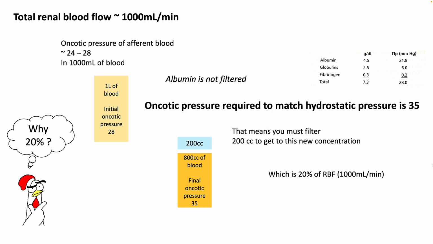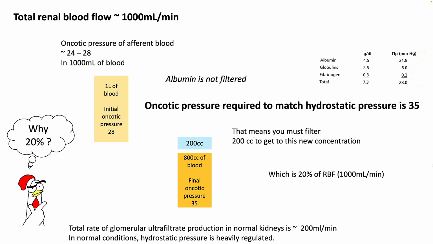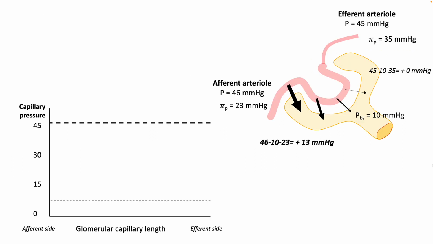And this 200 cc's is around 20% of the renal blood flow, that is 1000 ml per minute. So the total rate of glomerular ultrafiltrate production in normal kidneys is around 200 ml per minute. In normal conditions, hydrostatic pressure is heavily regulated and plasma albumin concentration does not change much, so this rate remains pretty much constant.